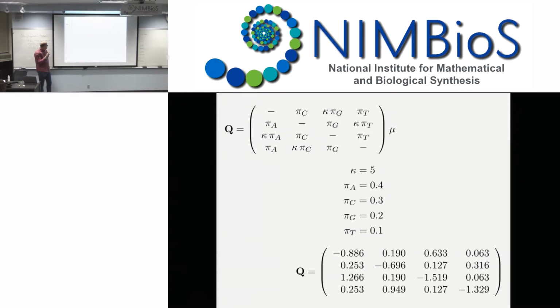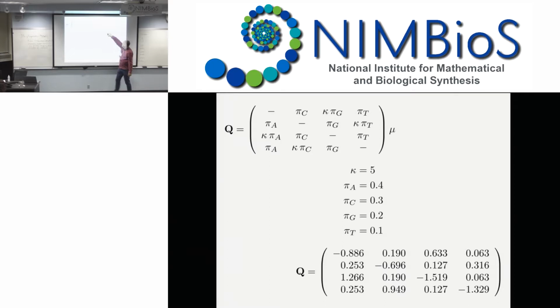Two things I want to point out here. The first is that if this is the rate matrix that pops out, then if you look at this number here, pi G, that's this entry. So what's pi G? It's 0.2. And where's the same entry down here? It's right here. That's not a 0.2. So what's going on? I must have told you a lie at some point or simplified something.